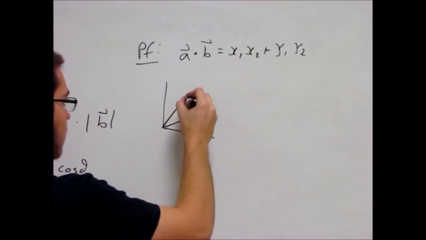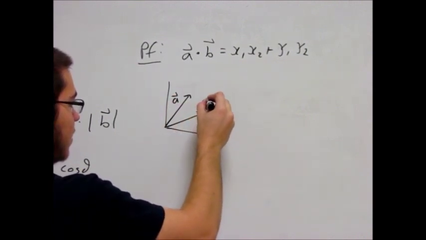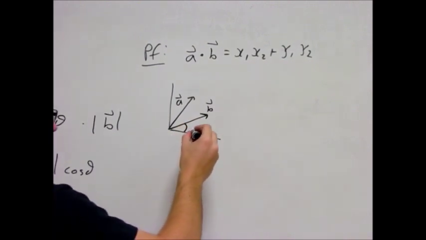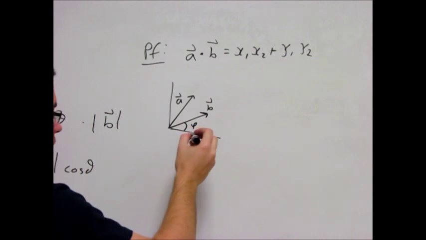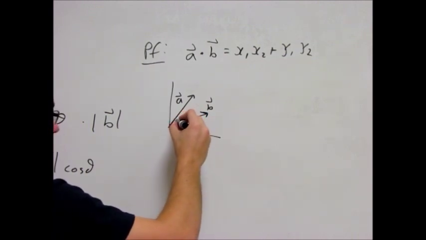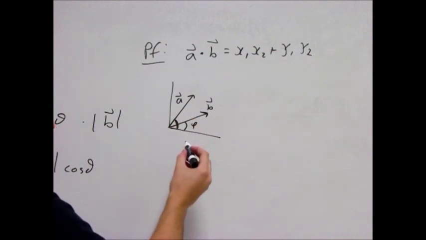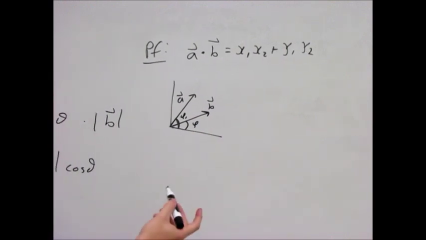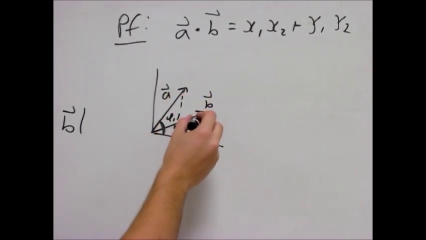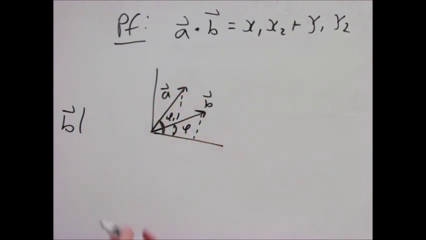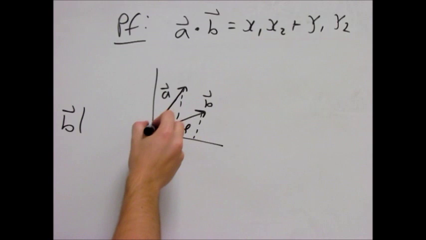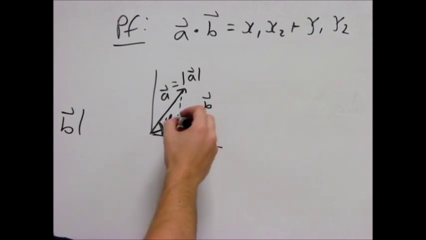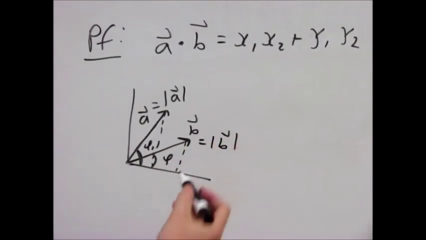This is A, this is B, and each one of them has their own angle. Let's call this, I don't know, phi, and this angle over here, we can call it phi1. And now we can express the x and the y components of A and B in terms of the angle and the length. So the length of A is the magnitude of A. And the same thing, the length here is the magnitude of B.